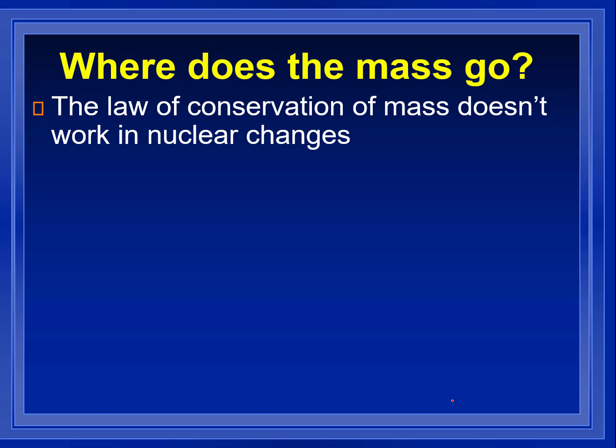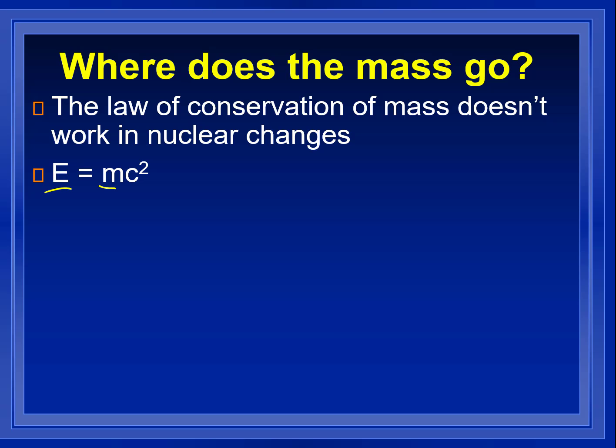Where did the missing mass go? Well, there's a bright man who figured out what was happening. And he could write it in just a short little statement. E equals mc squared. Einstein's theory of relativity explains what happened. What do you think E stands for? E is energy.